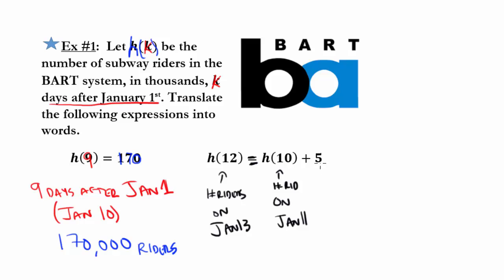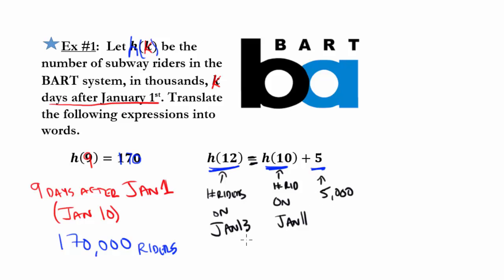And the reason why we can interpret this is that all of these values right here, h of 12, this, again, is an output, right? This right here is the number of subway riders in thousands. This is the number of subway riders in thousands. So this thing has also got to be the number of subway riders in thousands. So this is actually representing 5,000 people. So let's interpret this.